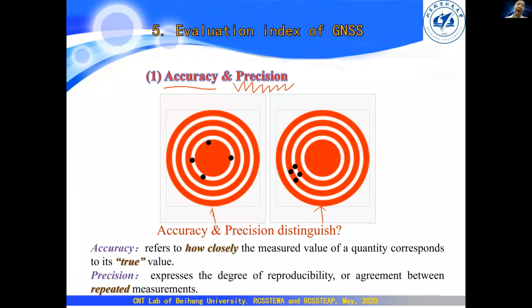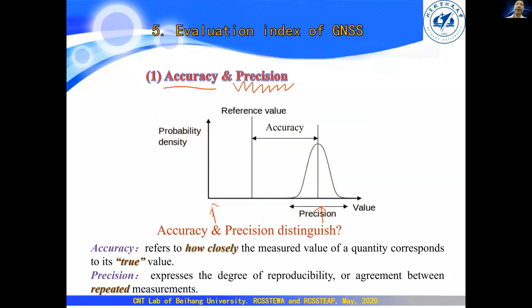So the left one has more accuracy, which means how closely the measured value is to a true value. The right side one is called precision. It means the degree of reproducibility or agreement between repeated measurements.